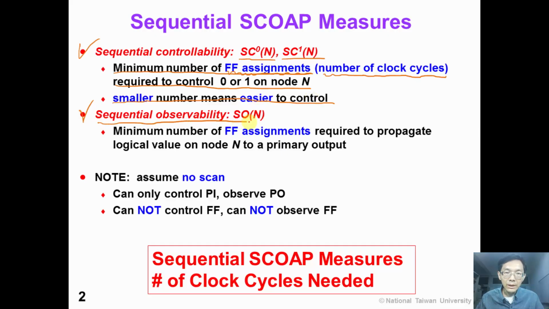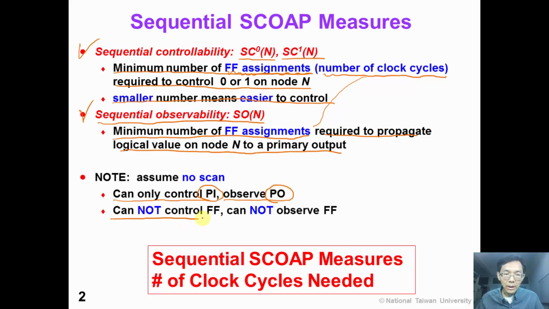Sequential observability SO of n represents the minimum number of flip-flop assignments, or number of clocks, required to propagate the logic value on node n to a primary output. Please note that for sequential scope, we can only control primary inputs, and we can only observe primary outputs.